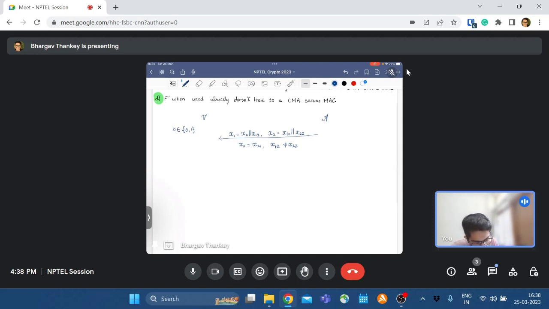And what does the verifier do? If b is equal to 0, then the verifier just sends a random string.